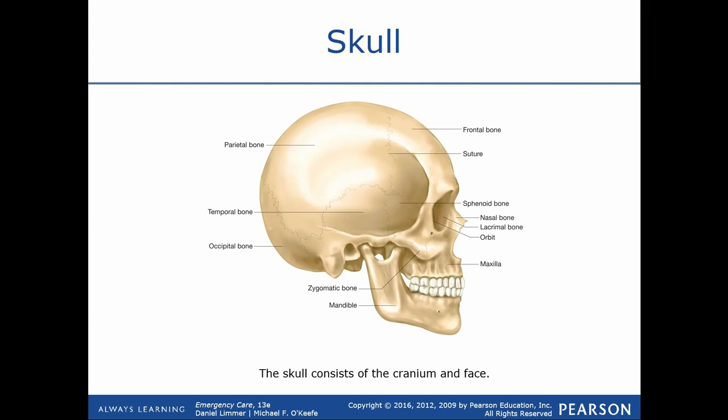So yes, we could simply say the patient has a laceration to the right lower jaw. However, it would be more appropriate to say the patient has a laceration to the right mandible and describe it that way. Using the appropriate terms allows us to accurately describe things, accurately communicate things without risk of misinterpretation or potentially confusing somebody.